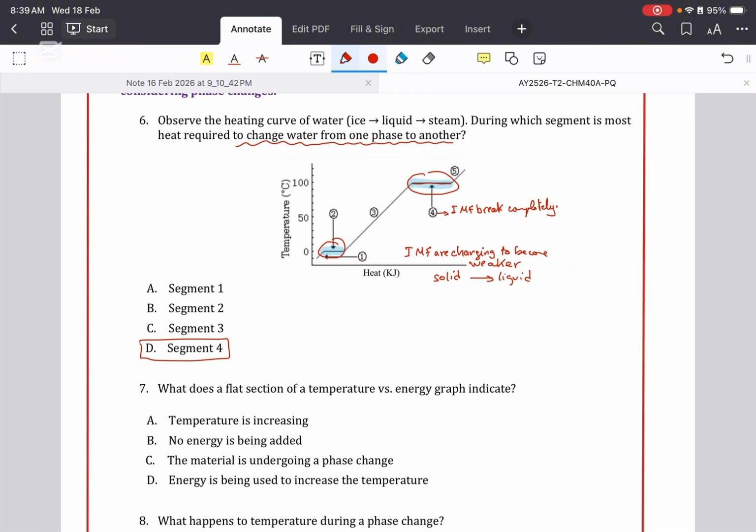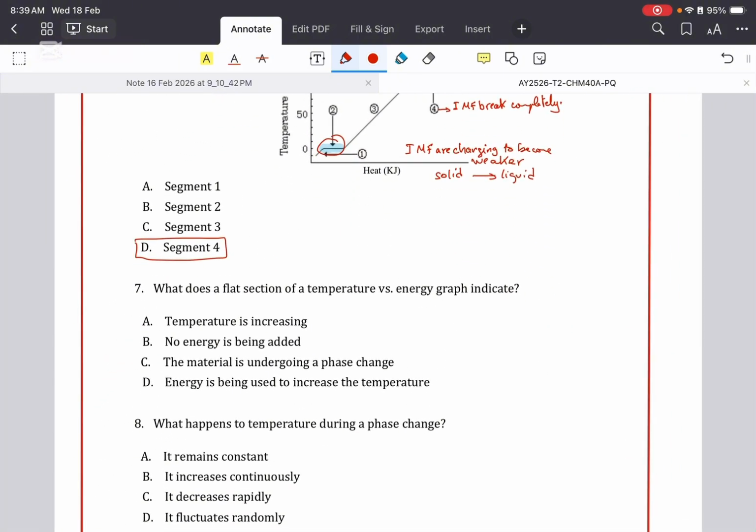And this is why it is longer. What does a flat section of a temperature versus energy graph indicate? A flat section means that the temperature is constant. It means that the material is undergoing a phase change.